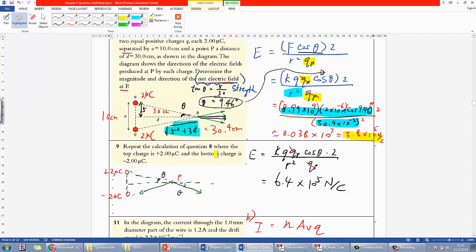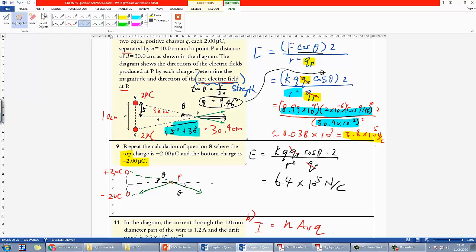Question 9 is trying to change one of the charges to -2. Actually I think I did the opposite, but that's fine. They said to change the top charge, but I think I changed the lower charge, so the diagram should actually be flipped.